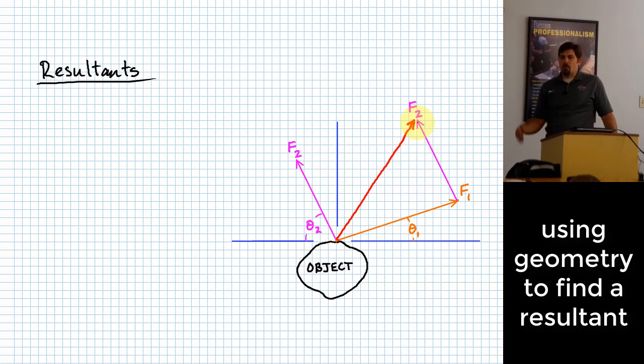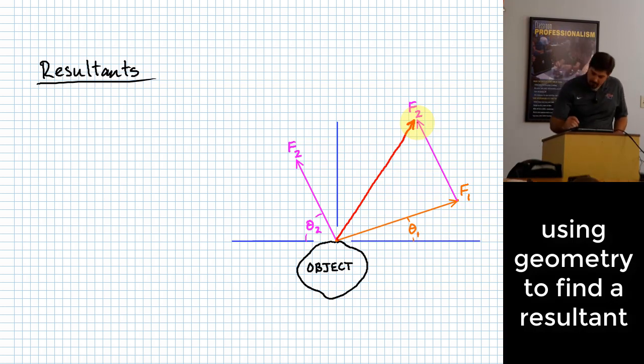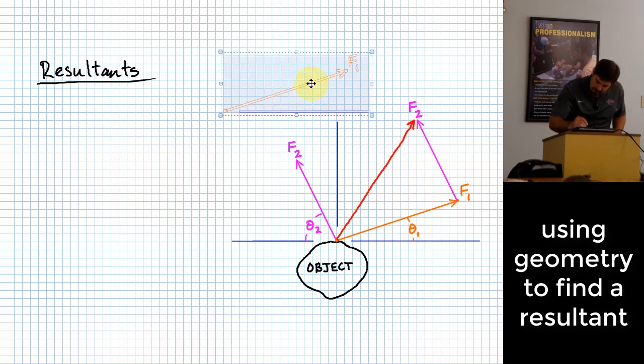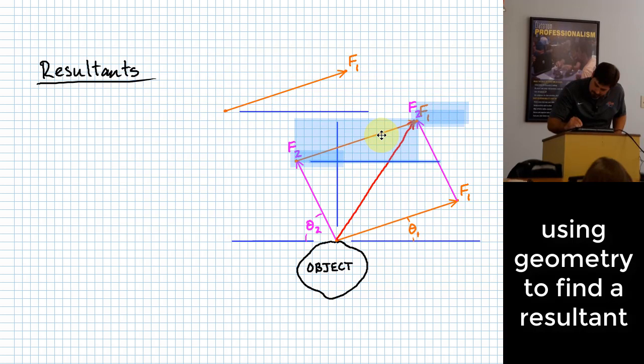And does it matter which one you move, which one you put the tail on the head? Does it matter which of the two you moved? Not really, because I could have done the same thing by grabbing this F1 vector and copying it and pasting it right here. Okay?